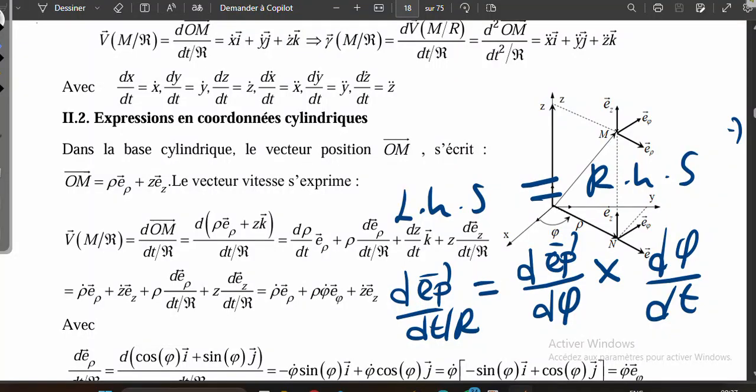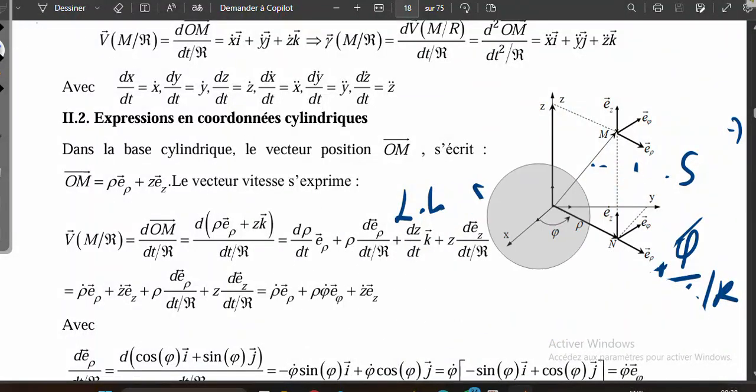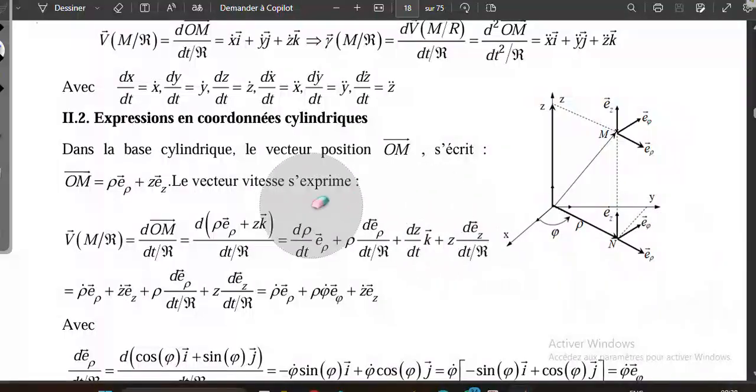Why? Because if I just cancel this and this, I'm going to remain with the E rho. The only difference is just to show where you're differentiating from. So you're going to find the derivative of E rho over dt, which is this side. This is how you convert. This is how you use the chain rule.